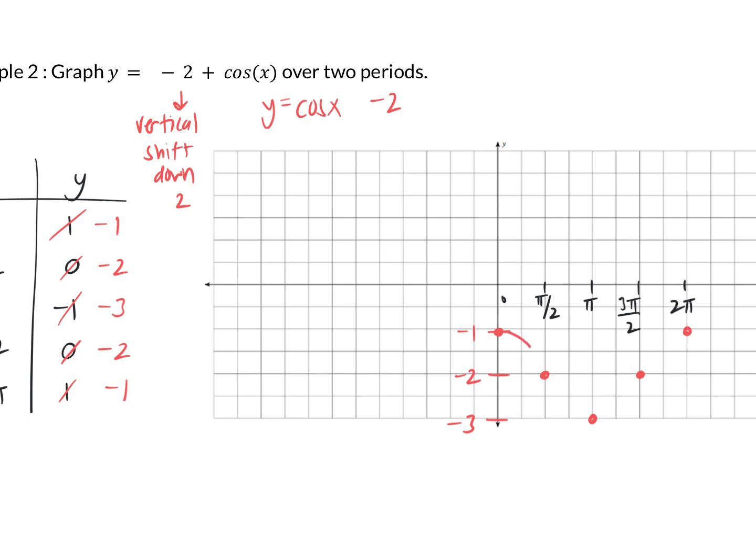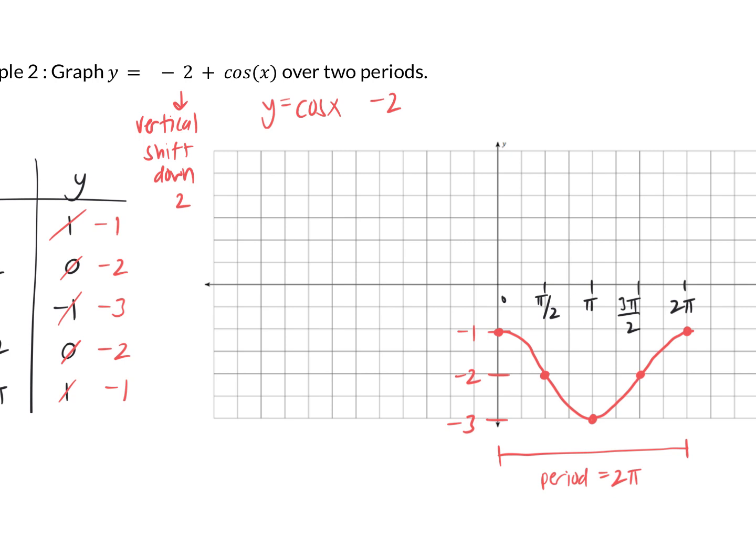Okay, so I can connect all these points here. Your period here is still 2 pi. What is my amplitude in this one? It's shifted.